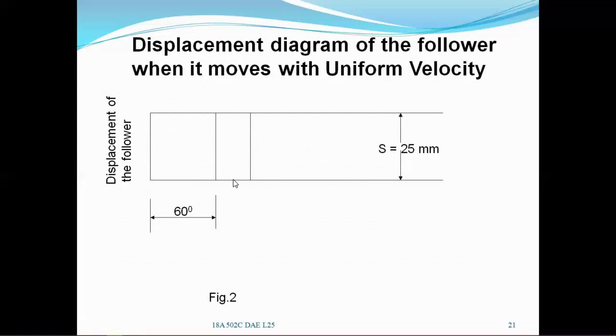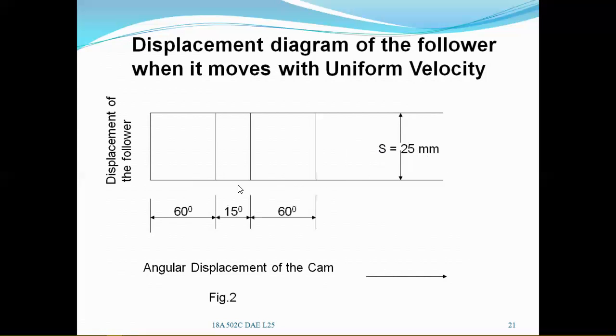And another division is the dwell period, that is 15 degrees only. And the next division will be the 60 degrees, which is nothing but the return stroke, right? And the remaining 225 degrees will be the dwell period.